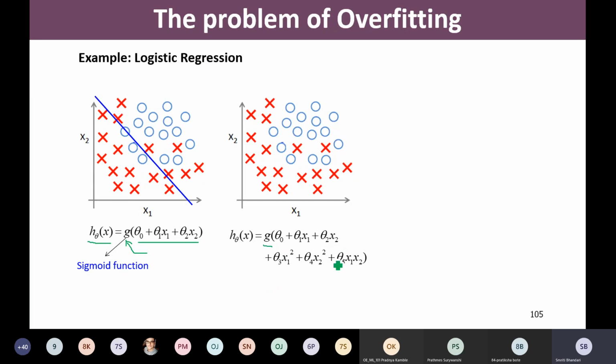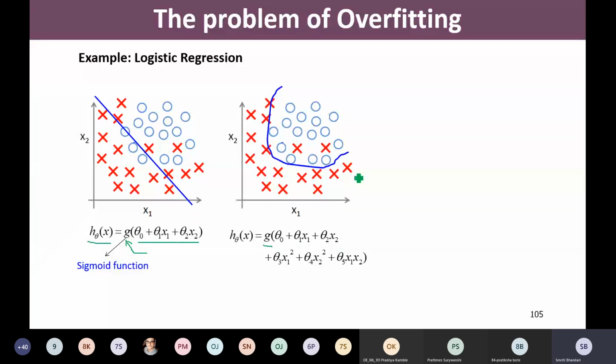If we make use of such a hypothesis, then for this particular training data set, we may come up with a hypothesis that looks like this. If we compare the first and the second hypothesis, we may find that this one is better than the earlier fit. The first one is the example of underfitting.